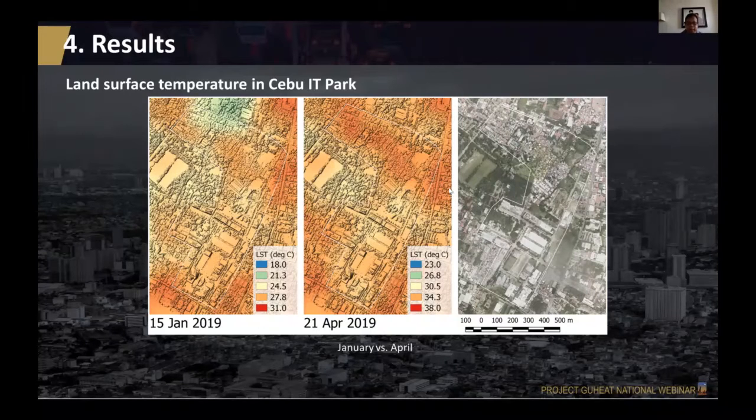So one can see that the temperatures of these areas are higher compared to those areas where buildings are quite far apart from each other and there are open spaces and vegetation.